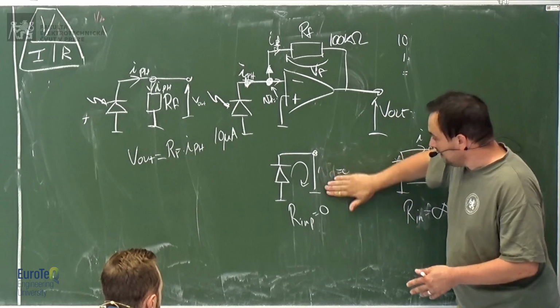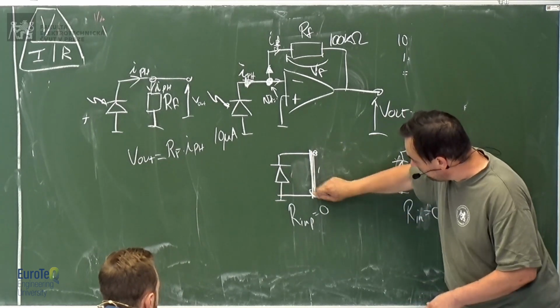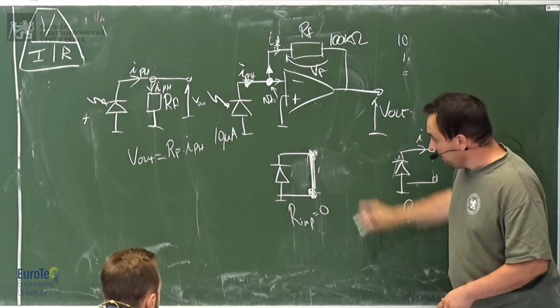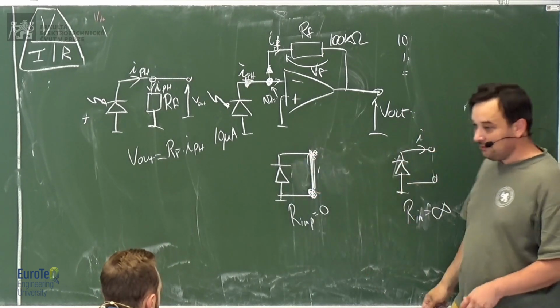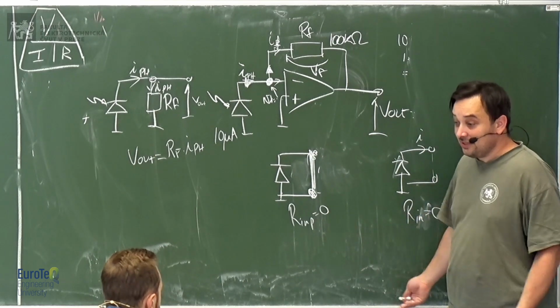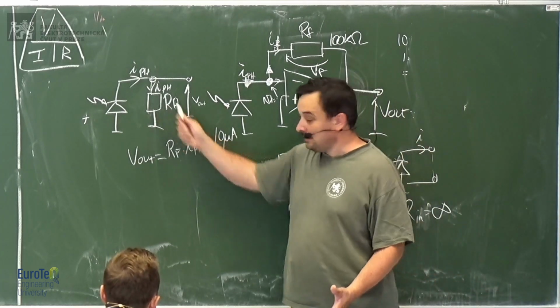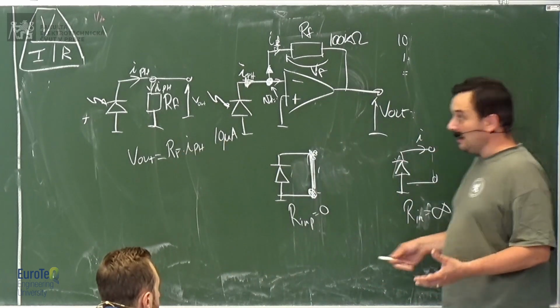So it means that you have 0 voltage difference between these 2 points, which means that this point is at the same potential as this one, which means that it's the maximum current I can get out of the sensor. Okay? So in this case, you're right, you're getting RF.